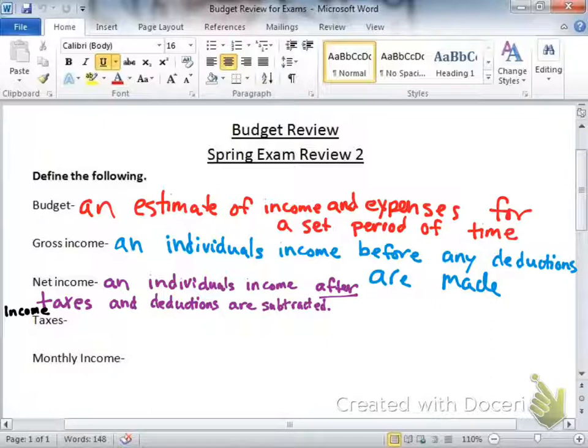Remember, add the word income. We're not talking about all types of taxes. We're going to focus on income tax. So income tax is the annual amount or the annual charge based on a person's income.